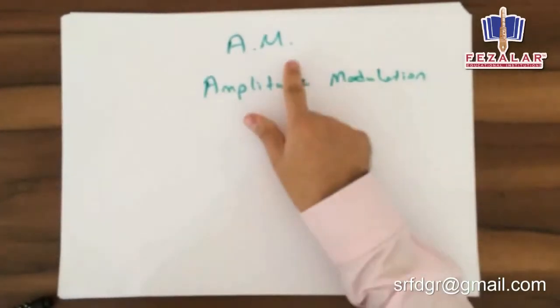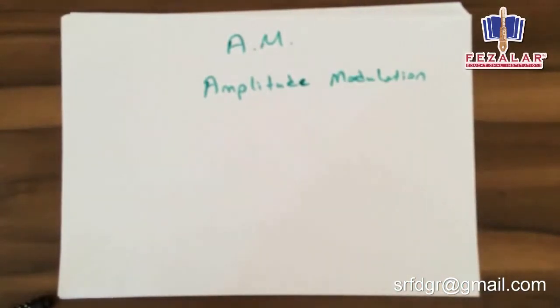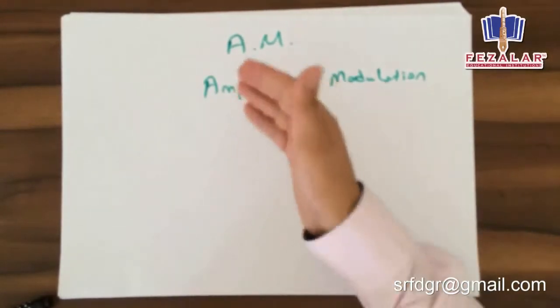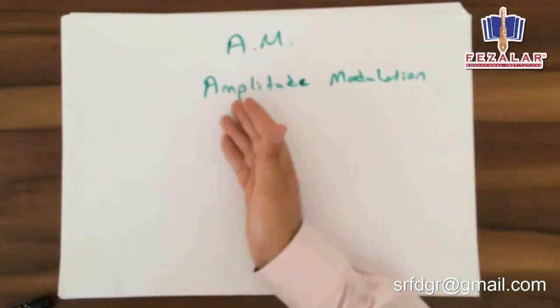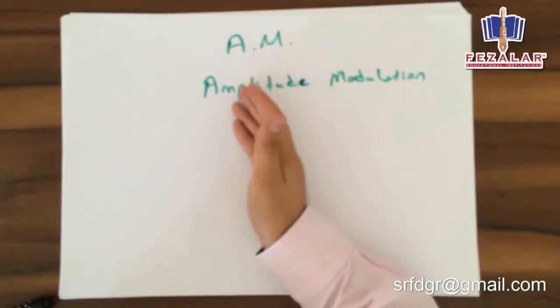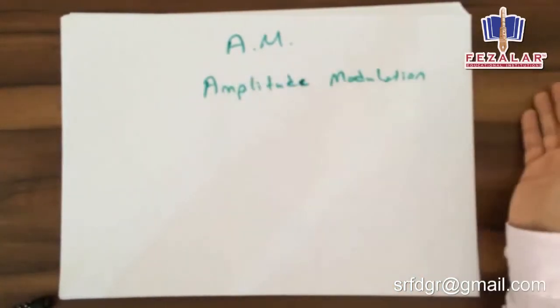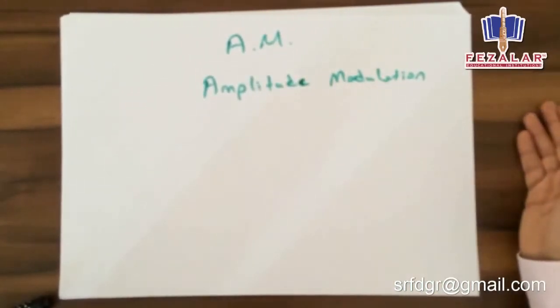In amplitude modulation, the amplitude of the wave is changed by changing the amplitude of the audio wave. Shortly, we can say if the amplitude changed, the modulation is called amplitude modulation. If the frequency is changed, the modulation is called frequency modulation. And if the phase is changed, the modulation is called phase modulation.